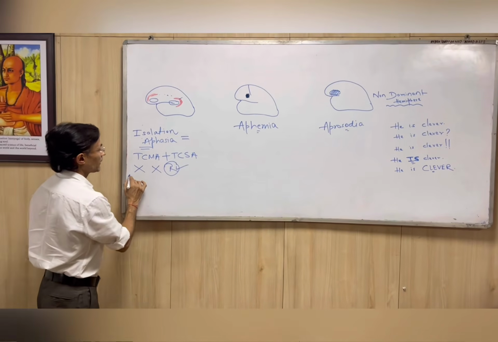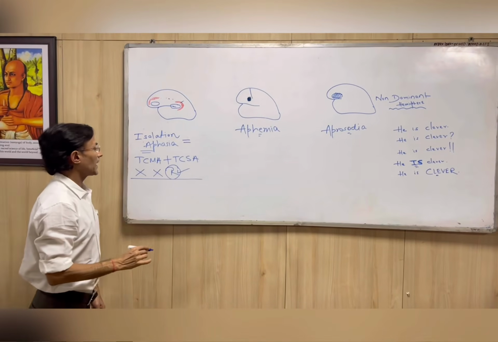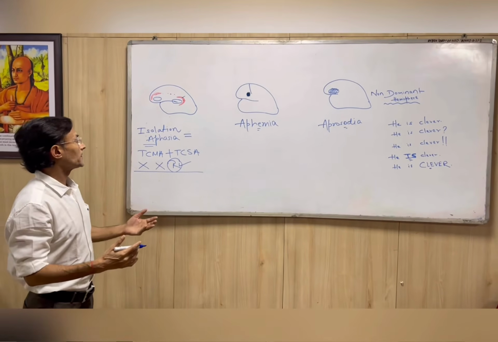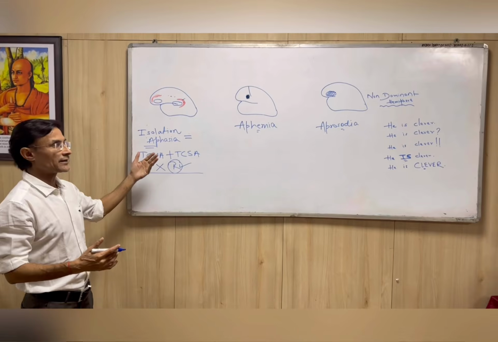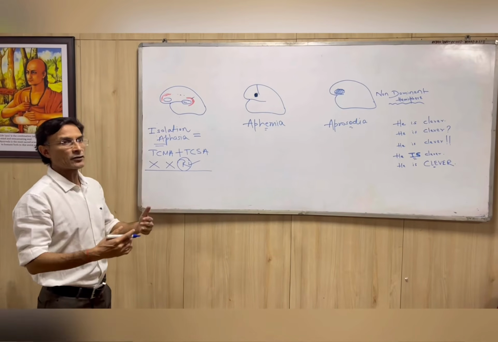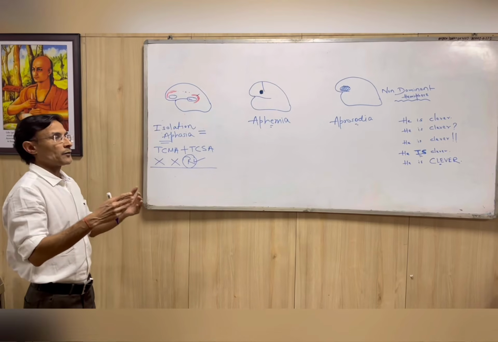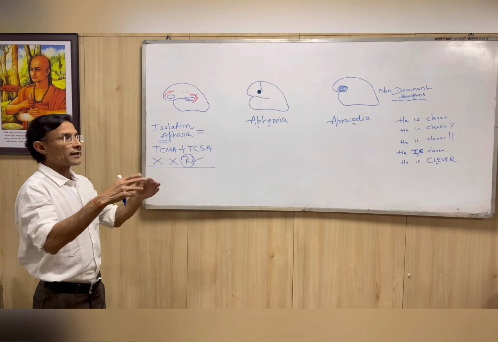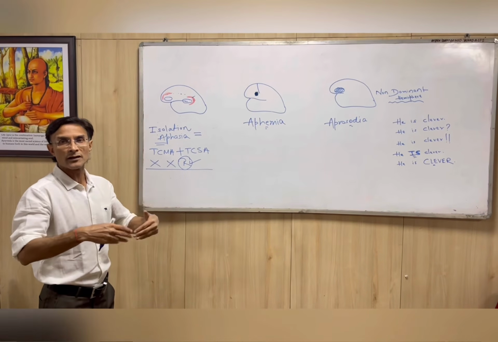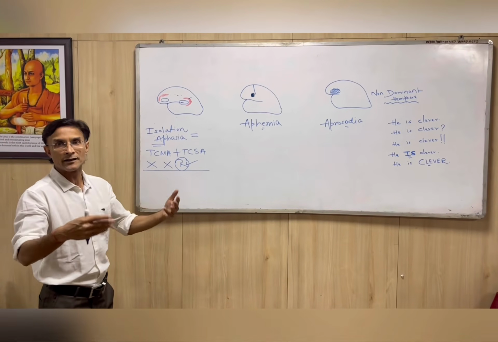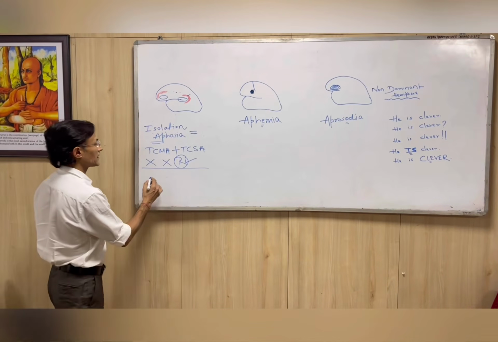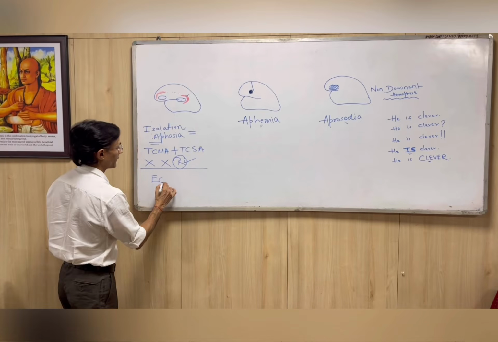When the repetition part is spared, the classical presentation of a patient of isolation aphasia is that the patient repeats what the examiner says. Any word the patient hears from anybody, the patient goes on repeating, heard words in fragments or statements. This is known as echolalia.